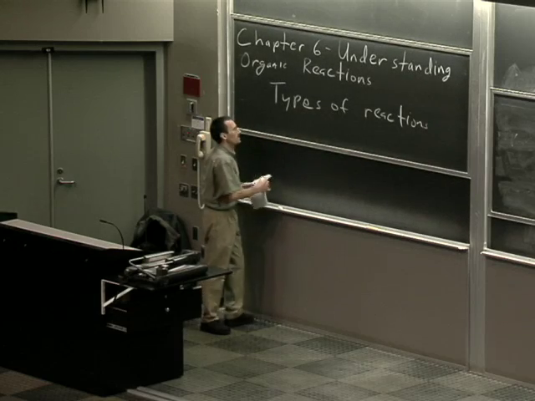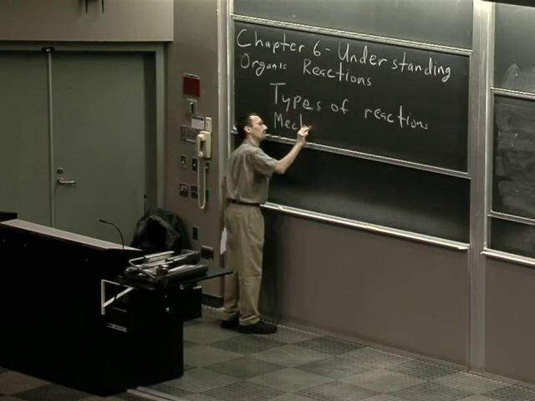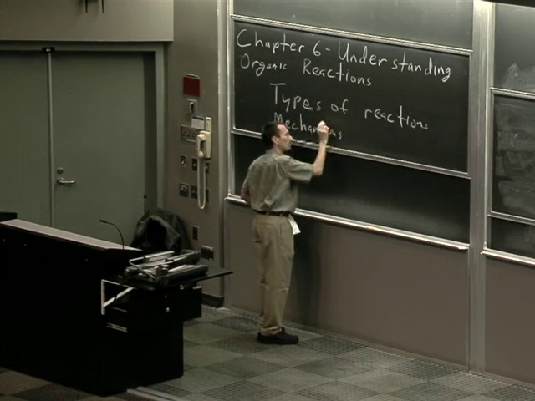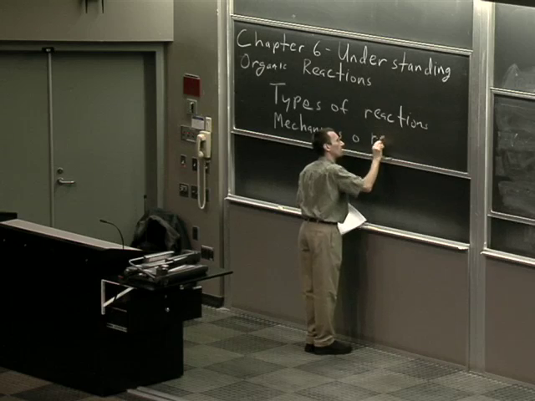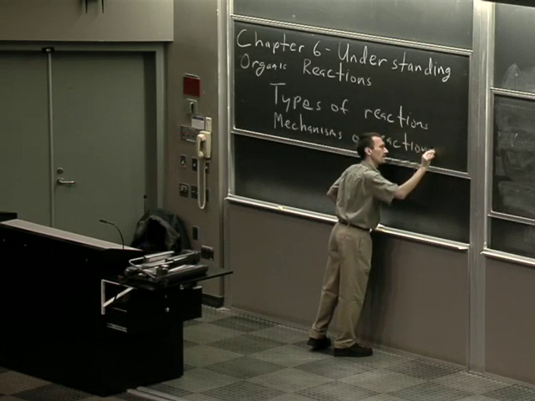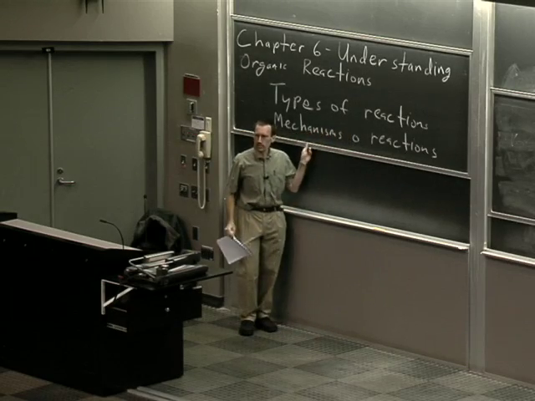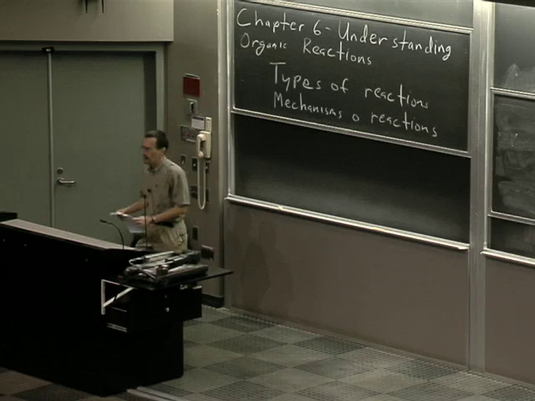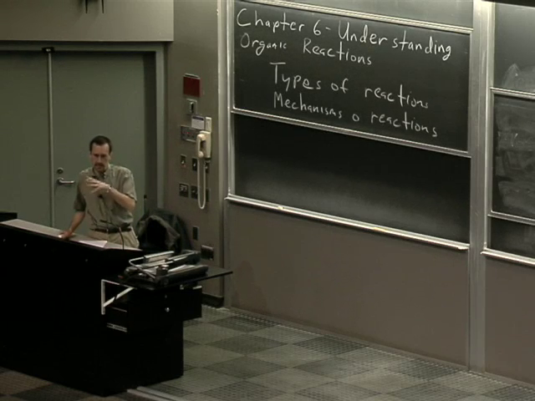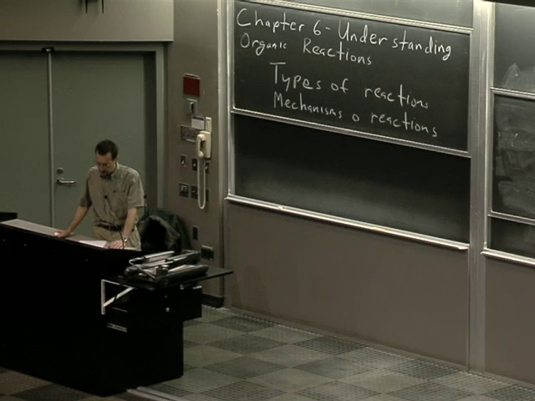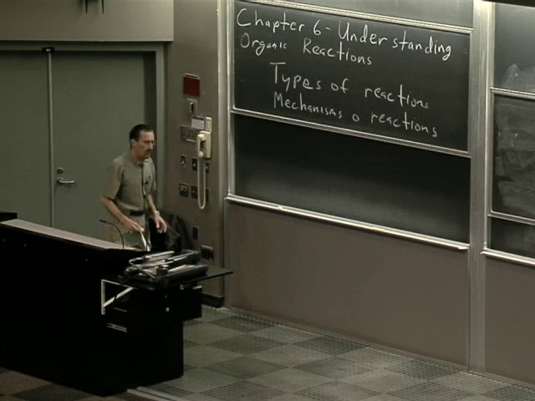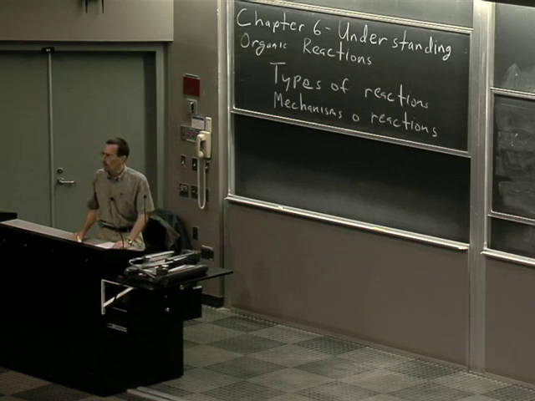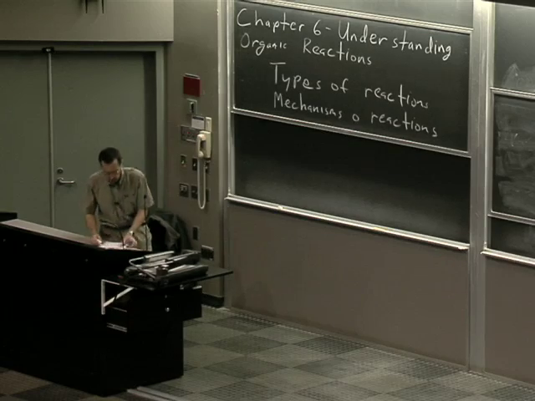We'll talk about the mechanisms of reactions, particularly of substitution and elimination reactions, and this will set more of the groundwork for understanding things like the stereochemical course of elimination and substitution reactions. We'll also learn to think about reactions as overcoming energy barriers and going from reactants to intermediates and intermediates to products, or alternatively, from reactants directly to products.